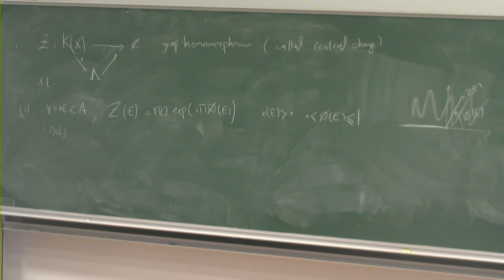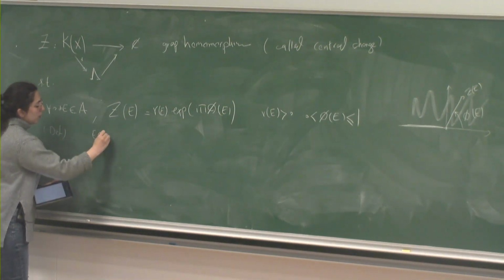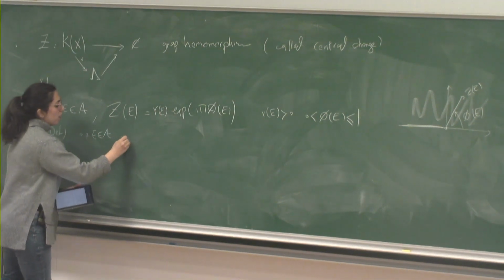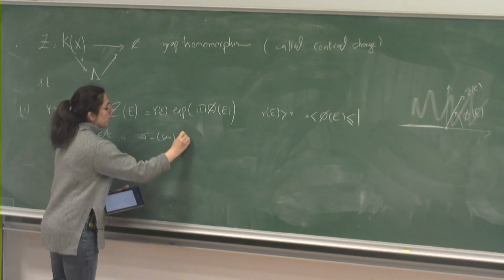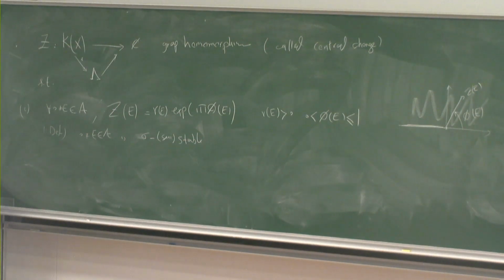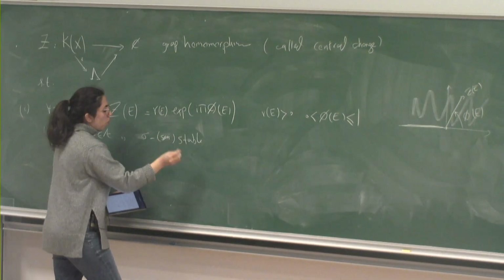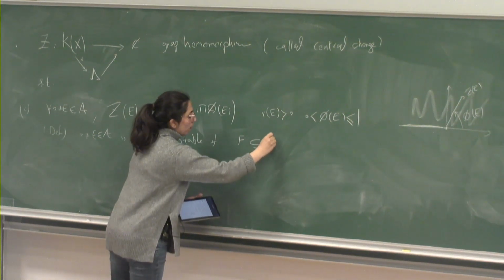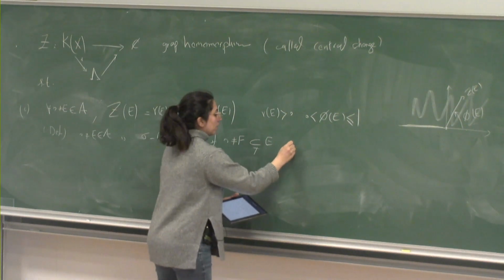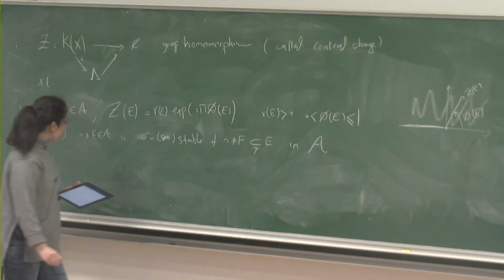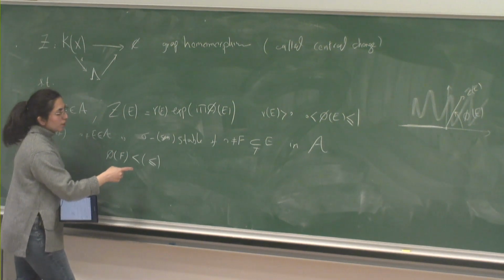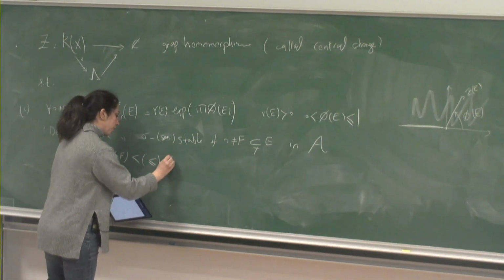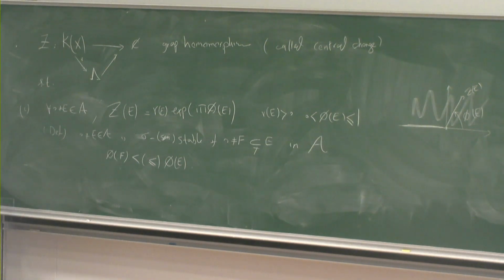Just as we had for mu-H stability, we can say that an object E in this abelian category is sigma semi-stable, where sigma is the pair A and Z, if for all non-trivial subobjects F of E in this abelian category A, the phase of F is smaller than, or equal in the case of semi-stability, the phase of E. This is exactly what we had for mu-H stability.